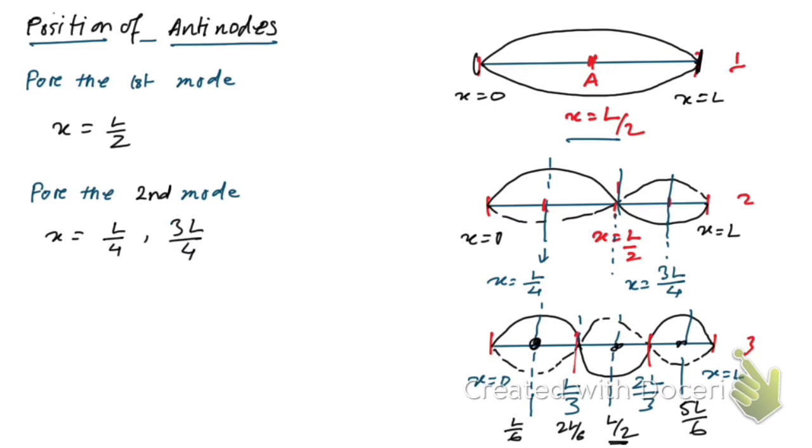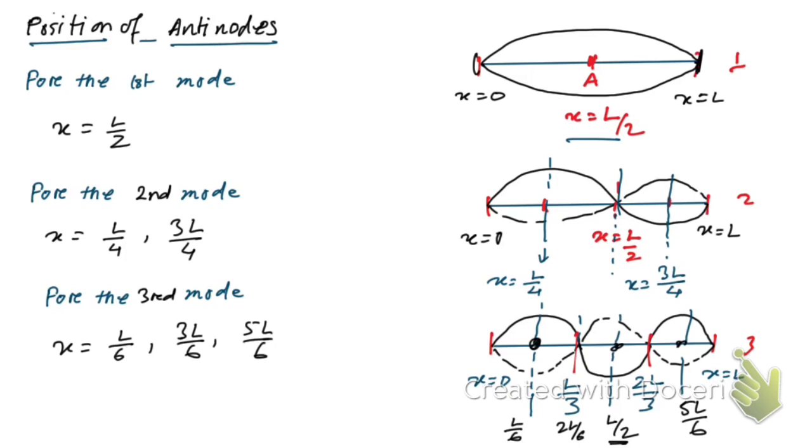And for the third mode, we're going to get x equal to L by 6, then L by 2, which can also be written as 3L by 6, and the next one 5L by 6. So that's what we have got.